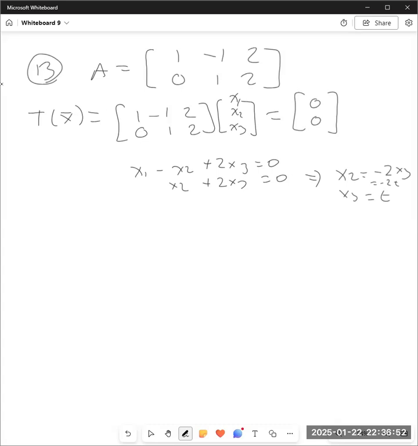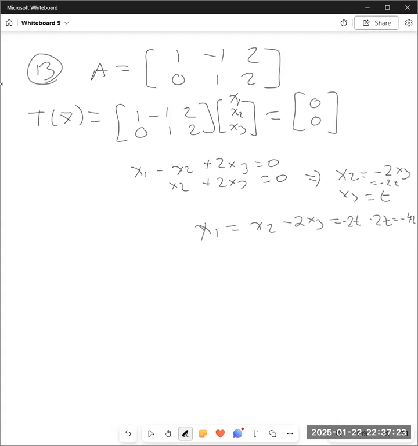And so I have x1 is equal to x2 minus 2x3, which is negative 2t minus another 2t, a negative 4t.